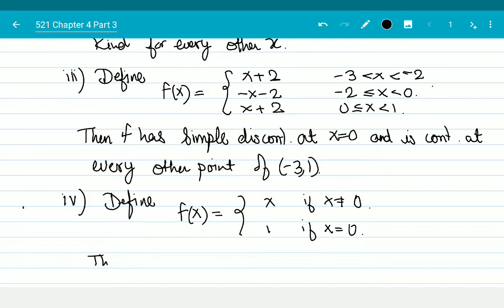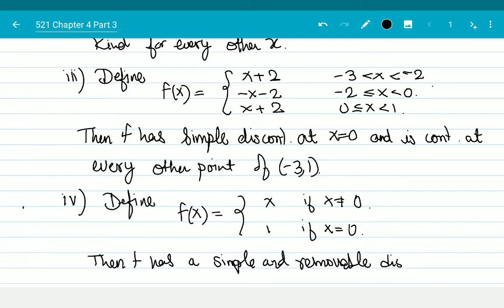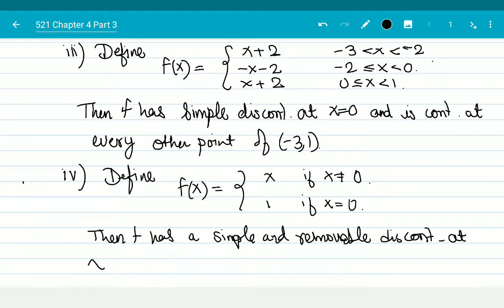Then f has a simple and removable discontinuity at x is equal to 0, and is continuous everywhere else, right?